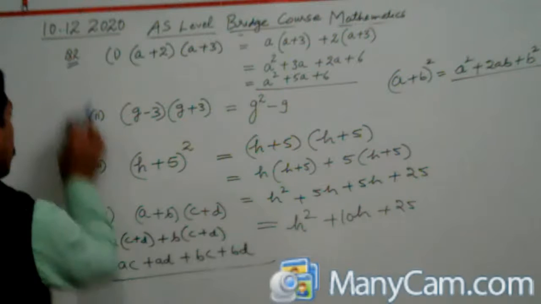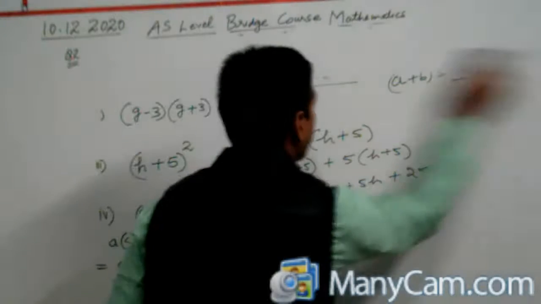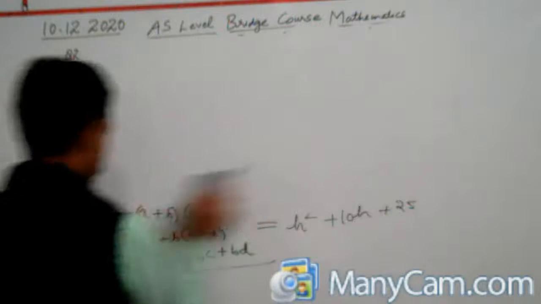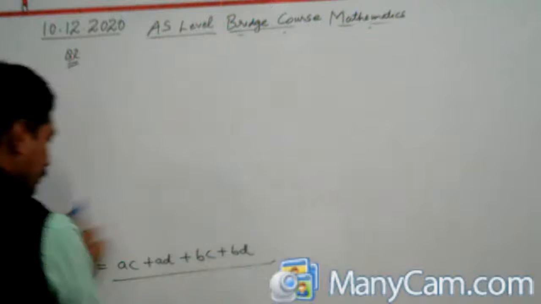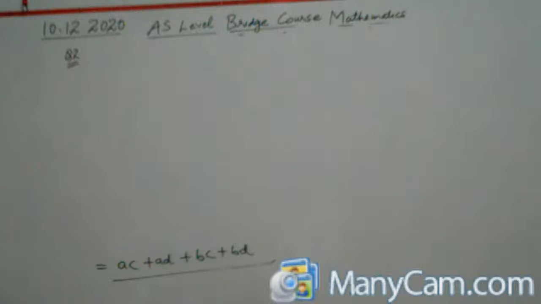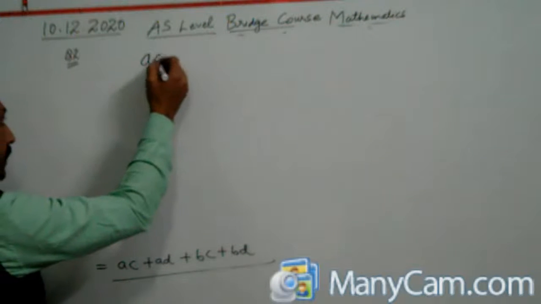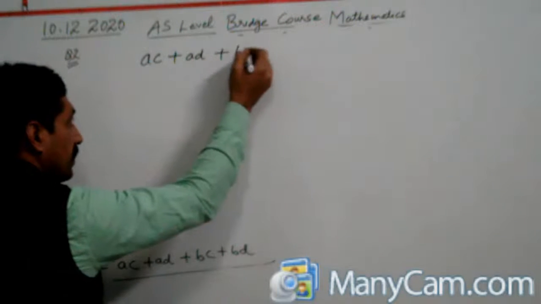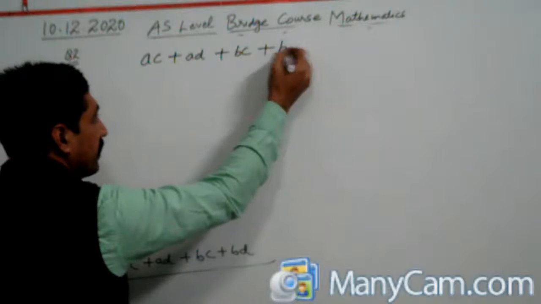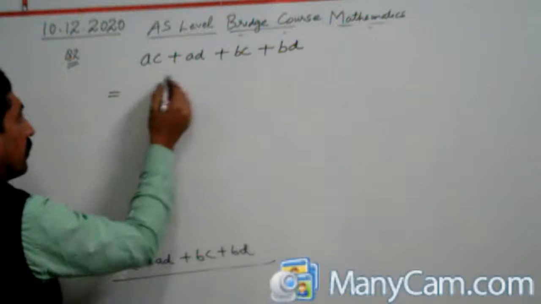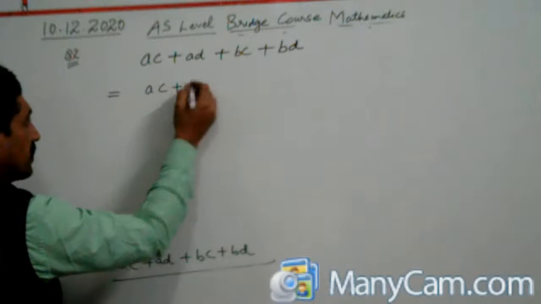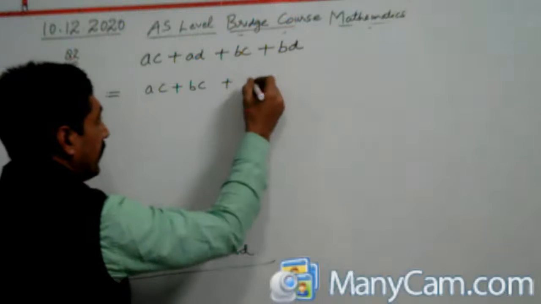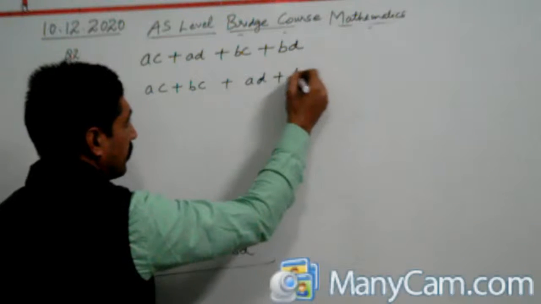So same here. When we have AC plus AD plus BC plus BD, we can rearrange them. We can write AC plus BC, and here we have AD plus BD.